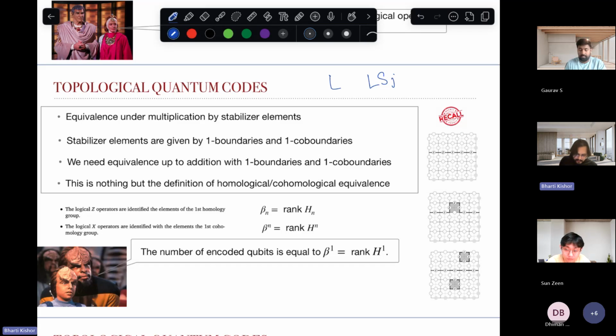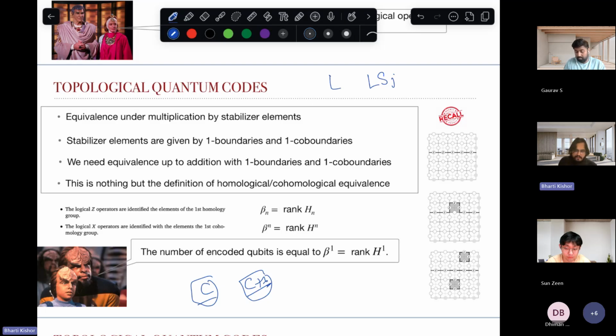Whenever you have a chain C and another chain which is C plus B, they are in the same equivalence class. And what is a boundary? A boundary is nothing but a stabilizer.